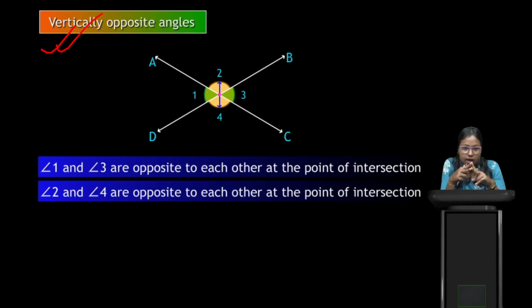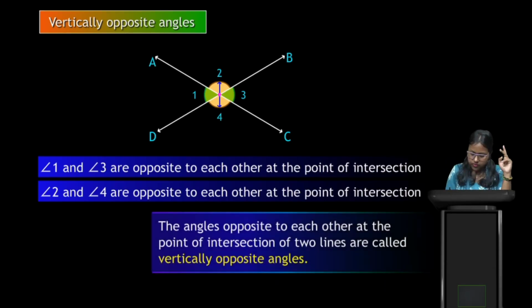So till now, we got two types of pairs. The first pair was the linear pair, and the next is the vertically opposite angle set. The angles opposite to each other at the point of intersection of two lines are called vertically opposite angles.